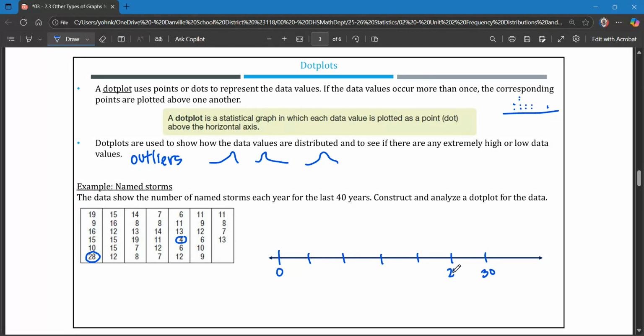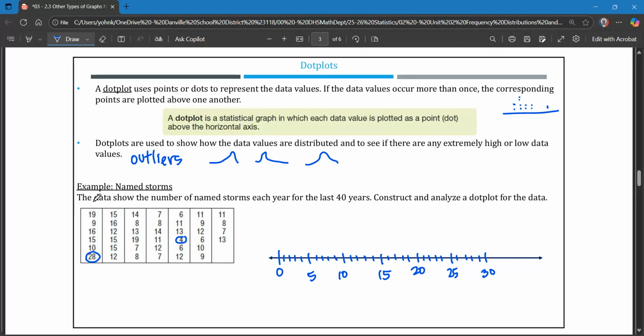This is how I'm going to start mine, and I'm going to label those 5s. Then I'm going to go back and put the other 4 marks in the middle. It just makes it easier if you have the number line all set up before you begin, and it's okay that you have extra space.